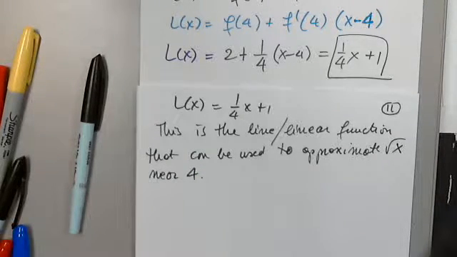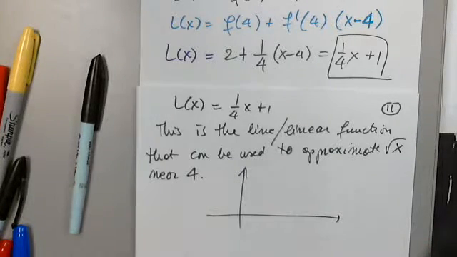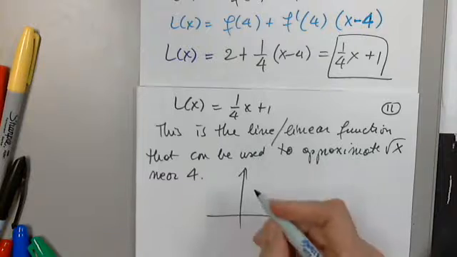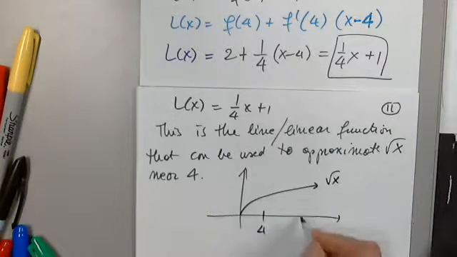Yes. If I change 4 into 16, do you think that we're going to have the same function, the same line? No, of course not. It will be a totally different function. So in other words, I'm saying this. This is the graph of the square root of x. And let's say this is 4, and let's say this is 16.